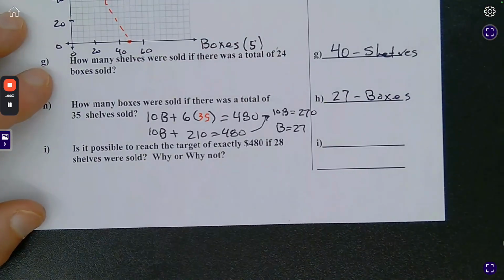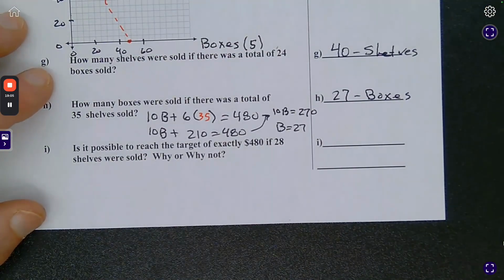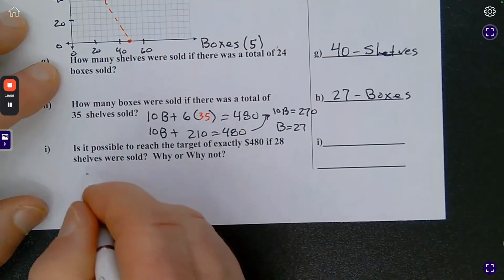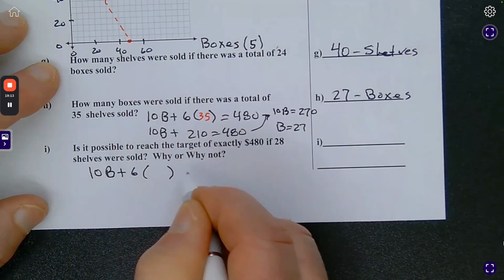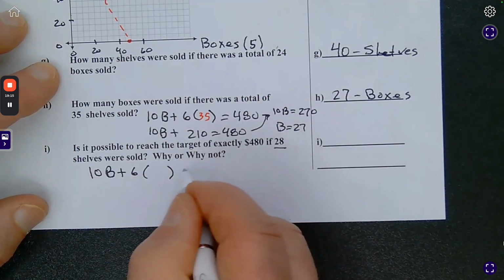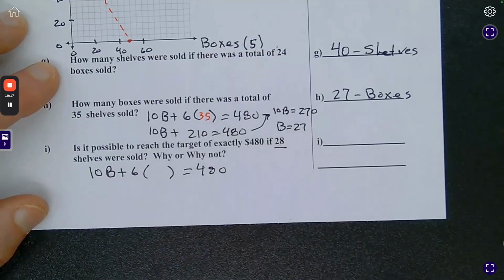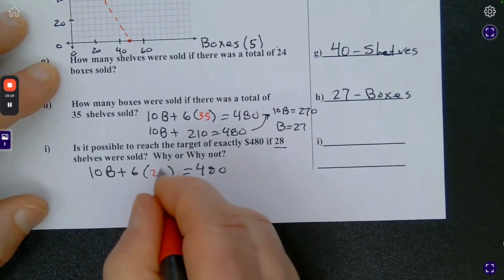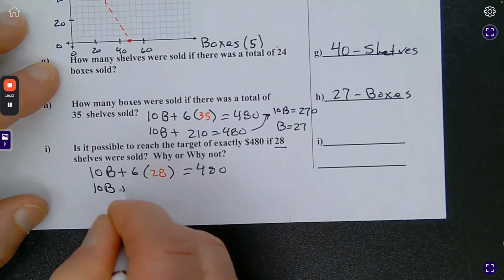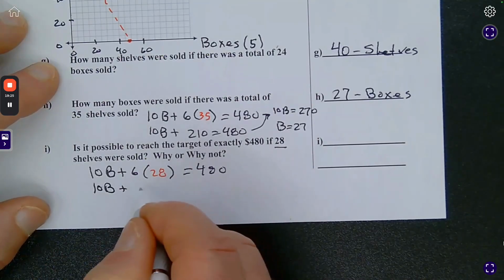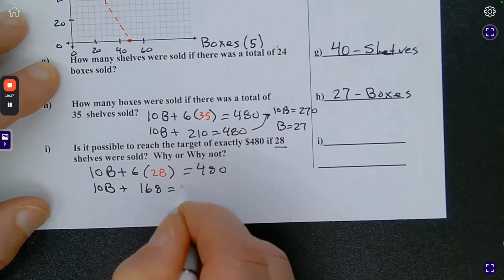All right, here we go. Last question. Is it possible to reach a target of exactly 480 if 28 shelves were sold? Well, let's check. 10b plus 6 times, where I see an S, I'm going to replace it with that value. 10b plus 168.